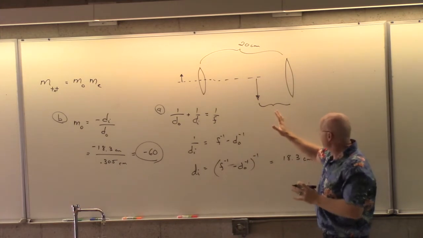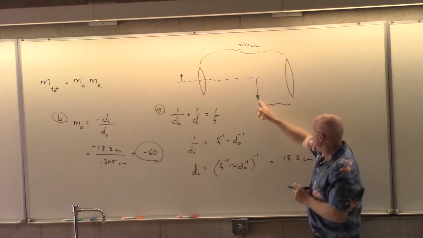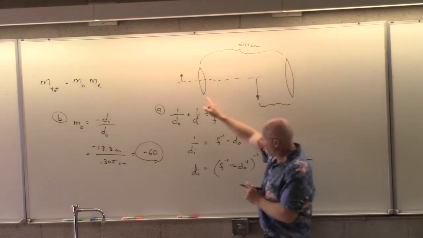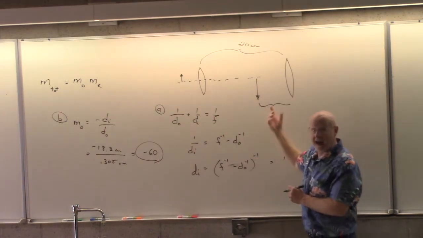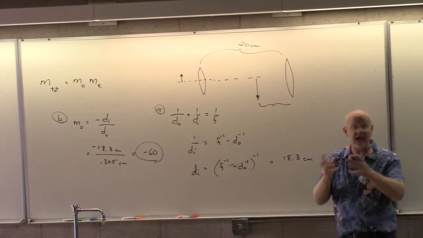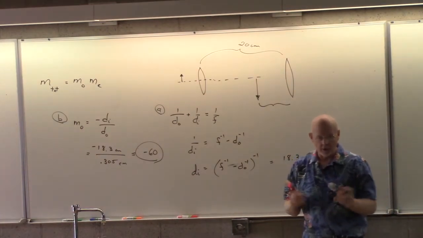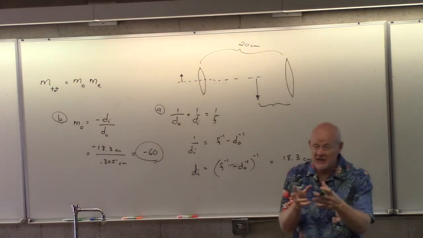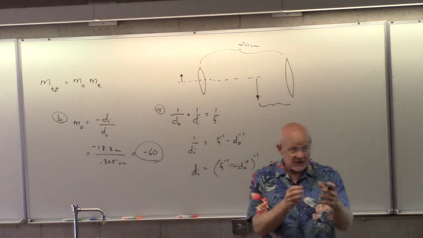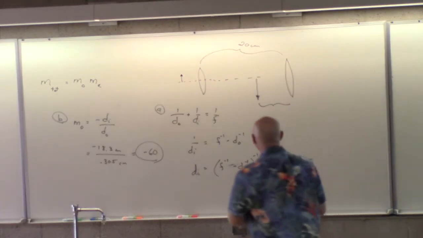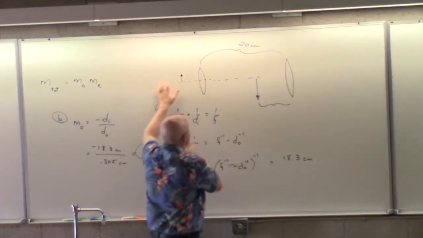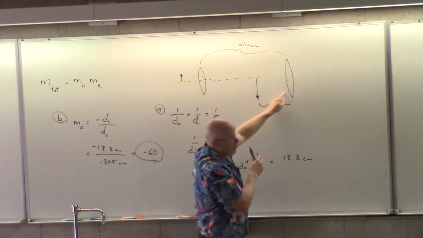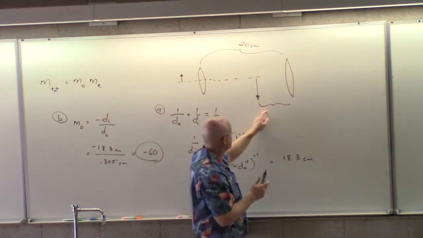The image formed from the first lens now acts as the object for the second lens. And so the whole reason we called it an image is the light is as if it is coming from that. So as we get to the second lens, we can just say, okay, don't worry about the first lens. Don't worry about the original object. All I've got to do is to say, what does the light do when it hits the second lens? And so this distance right here.